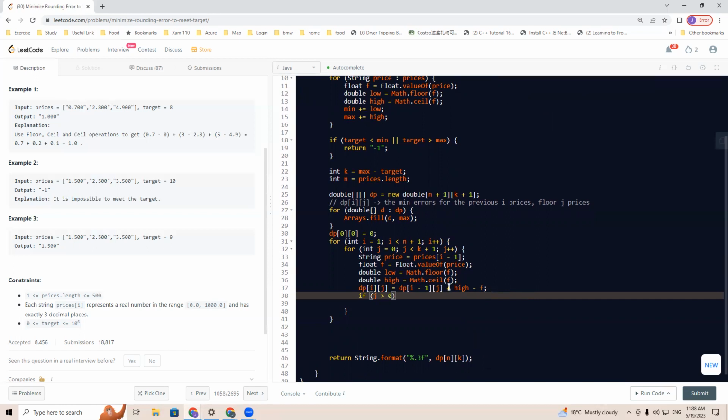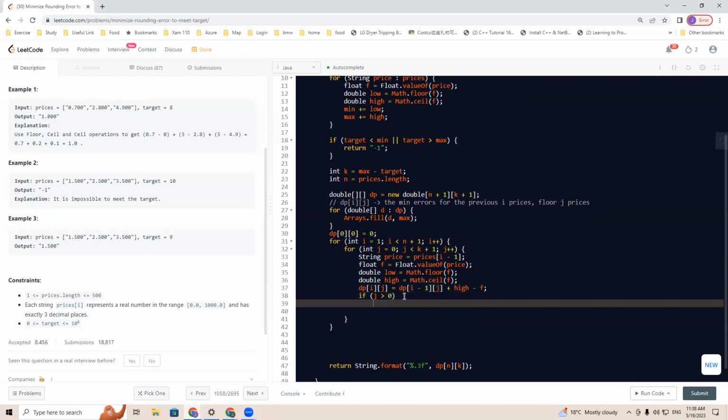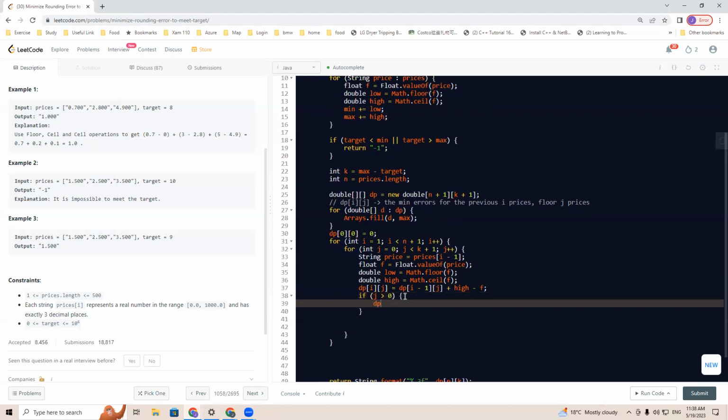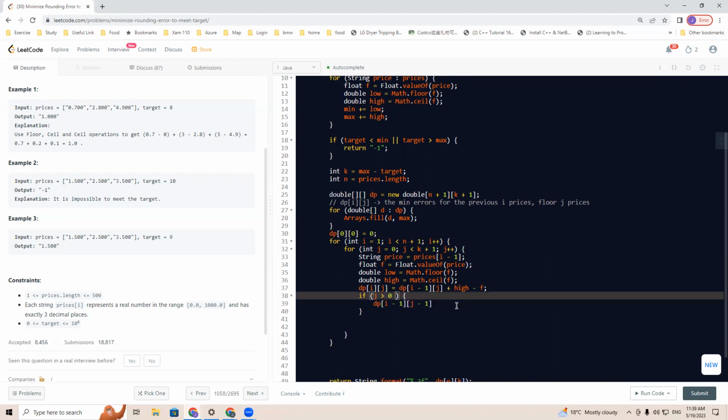That means we are trying to compare and get a minimal value, so we'll have dp i minus 1 j minus 1, that is we floored this price, and so for the previous one we just floored one time less.